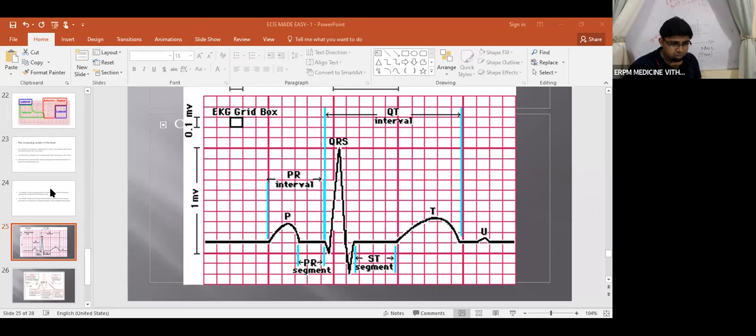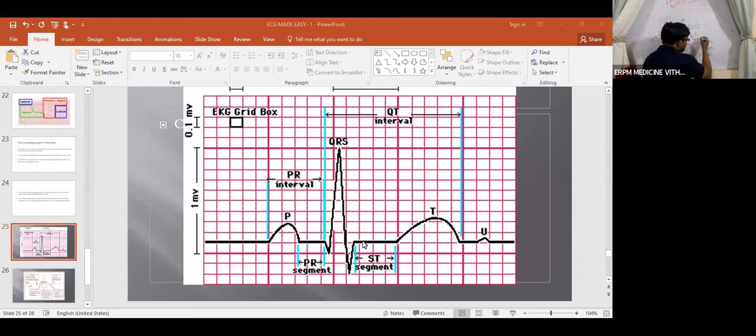When the paper is moving at the speed of 25 millimeter per second, every small square here in the x-axis is 0.04 second.